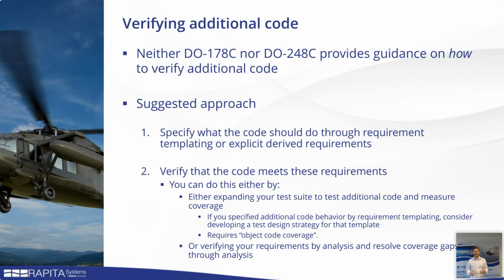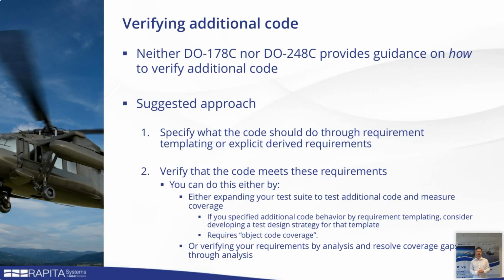So how do you set about applying the DO-178C requirements-based testing approach to object code that has been written for you by a compiler? There are two approaches that we're suggesting here. First of all, we need to specify what the object code does somehow through requirements.